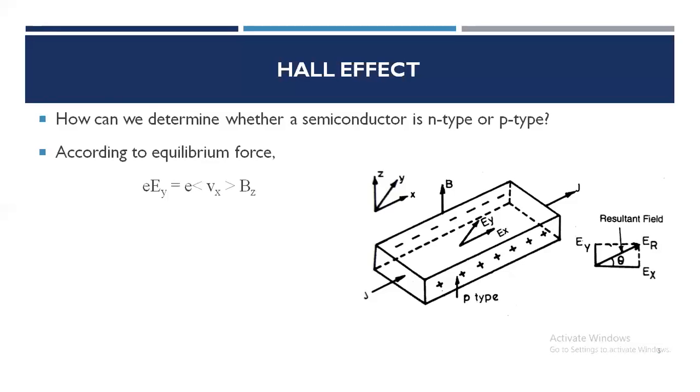The magnitude of this force is given by e into Vx into Bz, where e is the charge, Vx is the drift velocity in the direction of x, and Bz is the magnetic flux density in the direction of z.